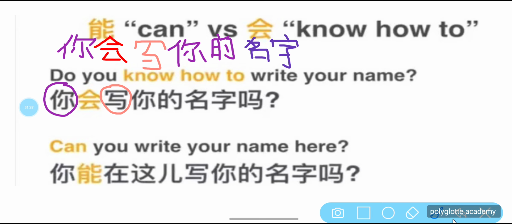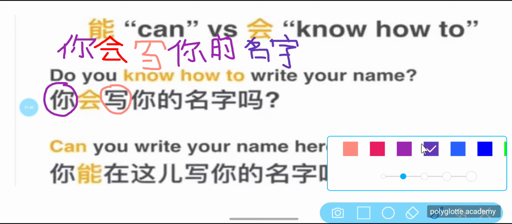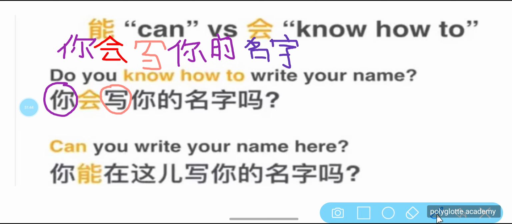And we have the question particle ma. That's the question particle. So let's write the ma and see. So ma, ma, ma.